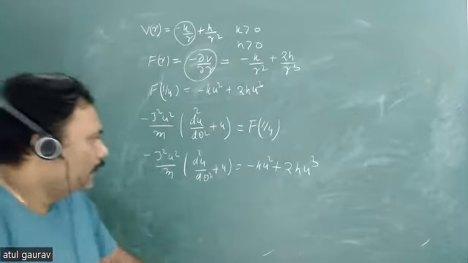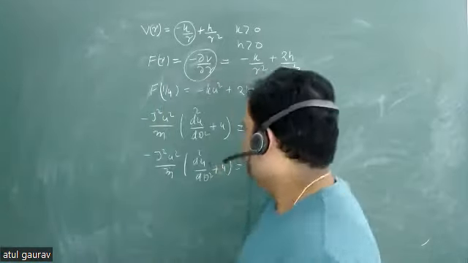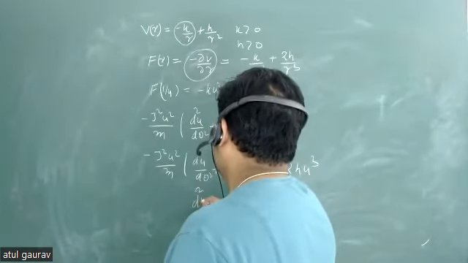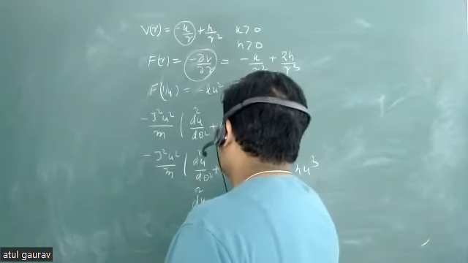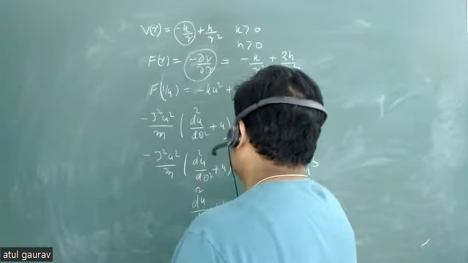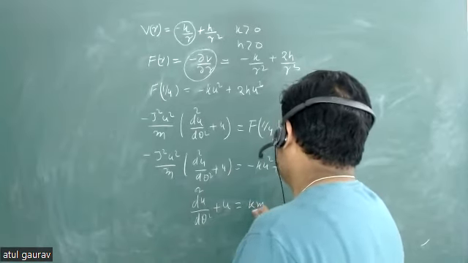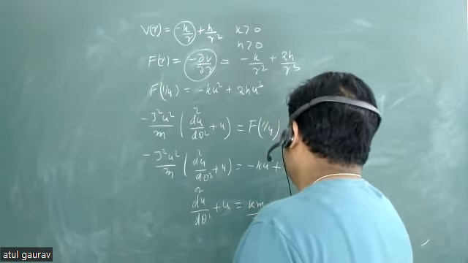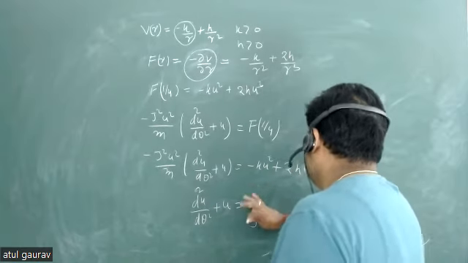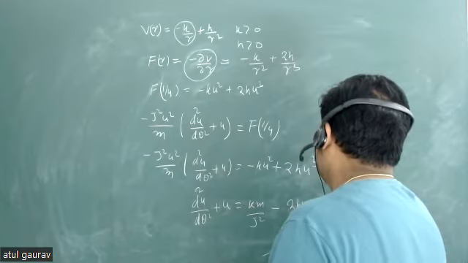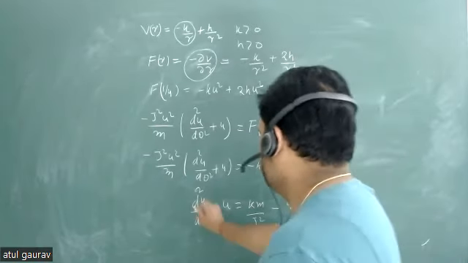तो हम लोग क्या कर रहे हैं, u स्क्वायर के कोफिशिएंट को दोनों तरफ इक्वेट करेंगे। So what you will get? d square u upon d theta square plus u is equal to km by j square minus 2hm by j square u. ठीक लिखा हूं?